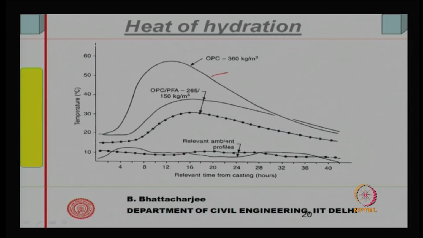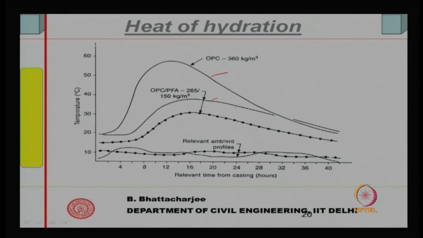And here also the temperature with OPC 360 kg, this is OPC 265 kg, and this one is OPC 265 plus PFA 150 kg. And relevant ambient condition is somewhere here.